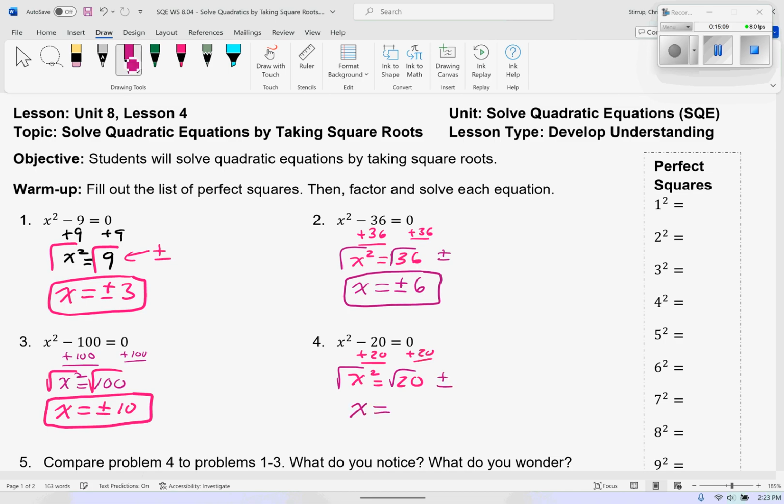So square root of x squared is x, but I know it's going to be plus minus. Square root 20 breaks down to which one of those blue ones is part of 20? 4 and 5. What's the square root of 4? So I get 2 root 5. So look at my answer. Plus or minus 2 root 5.